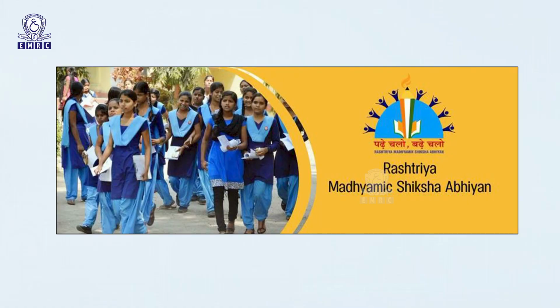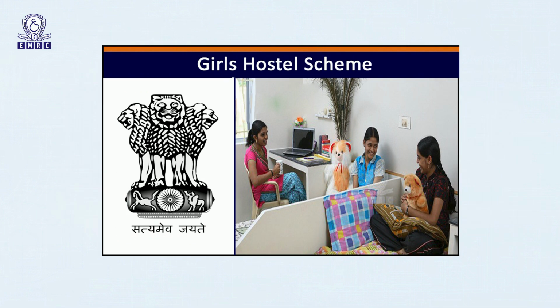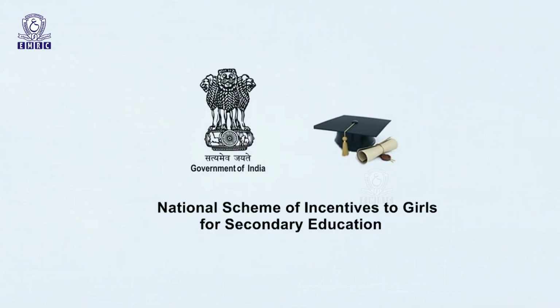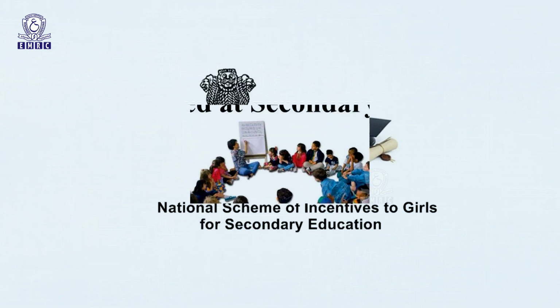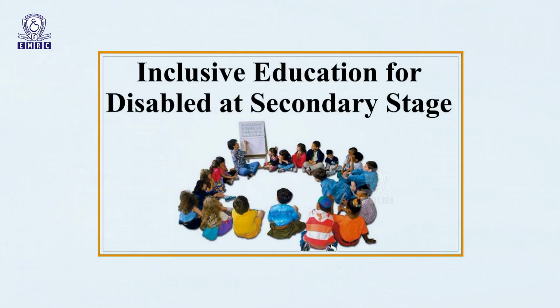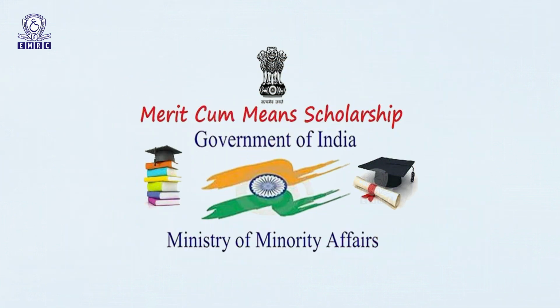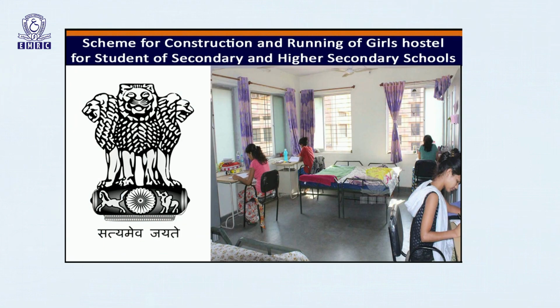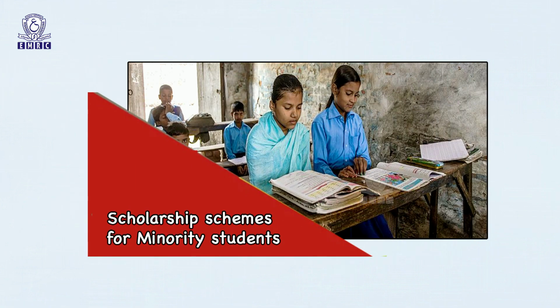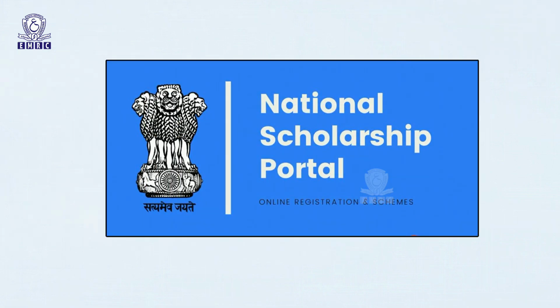Some of these are Rashtriya Madhyamik Shiksha Abhiyan, Girls Hostel Scheme, National Scheme of Incentives to Girls for Secondary Education, Inclusive Education for Disabled at Secondary Stage, Scheme of Vocational Education, National Merit Cum Means Scholarship Scheme, Scheme for Construction and Running of Girls Hostel for students of secondary and higher secondary schools, Scholarship Schemes for minority students, National Scholarships.